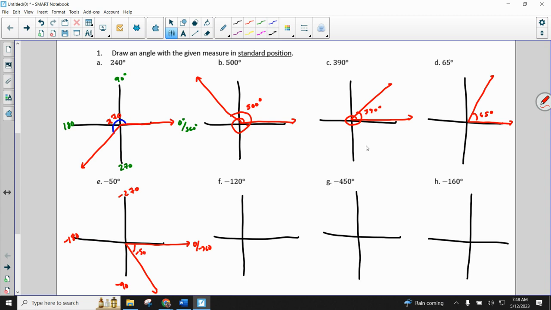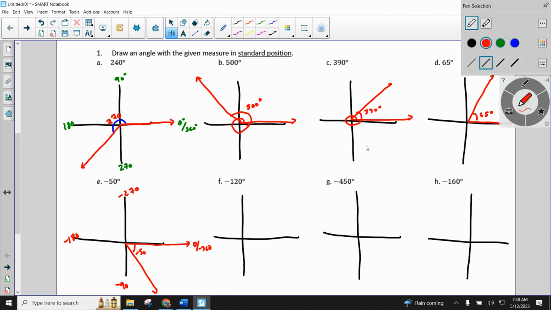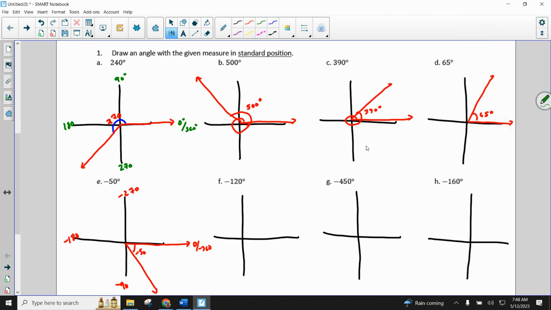Negative 50. Thinking about this while we're at it, coterminal to negative 50 would be the same as traveling what number? 310 in the positive direction would give us another angle that gives us the same initial side and terminal side.